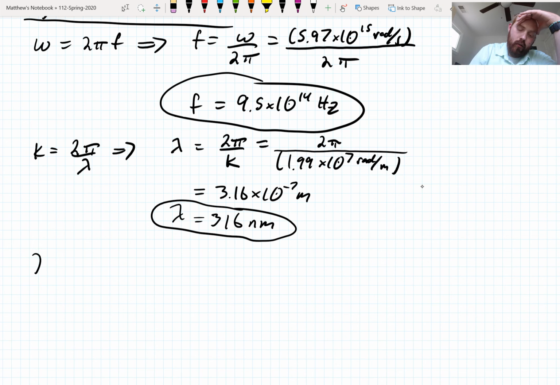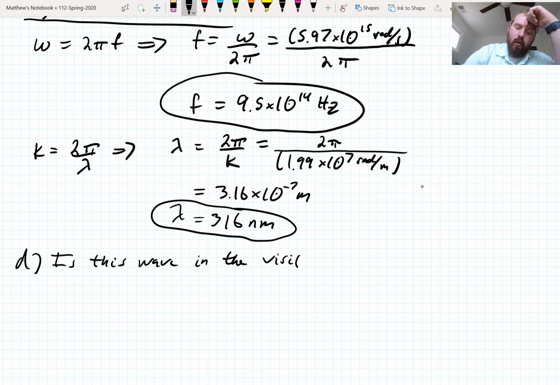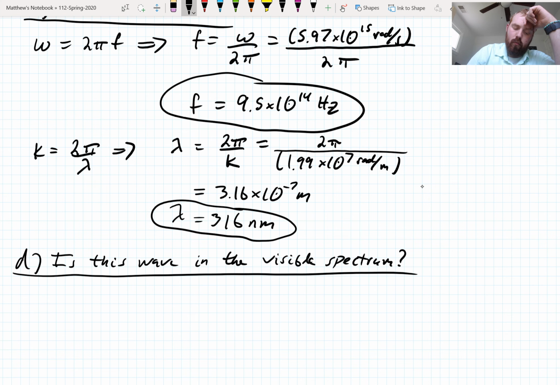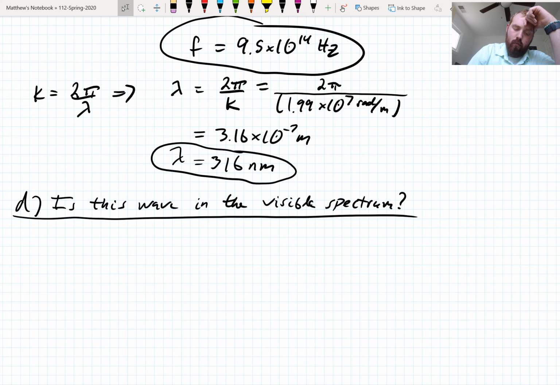Last part. Is this wave in the visible spectrum? Well, let's give you a range, okay? The visible spectrum, ROYGBIV, your rainbows, right?